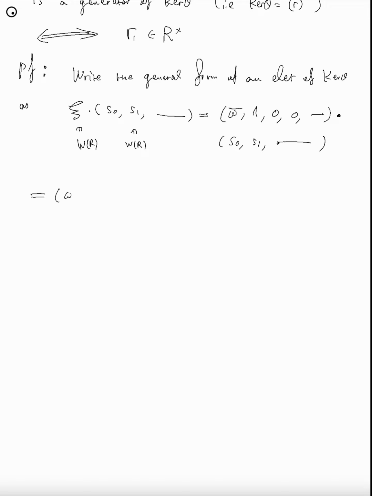We only need the first few actually. So omega bar is 0, this is the first one. The second one will be omega bar to the power p times s_1 plus s_0 to the power p times 1.